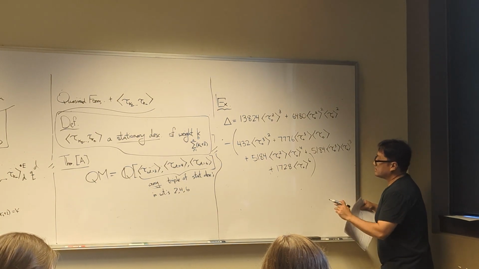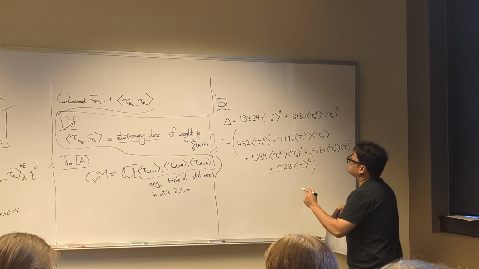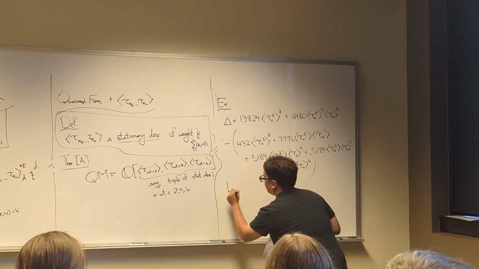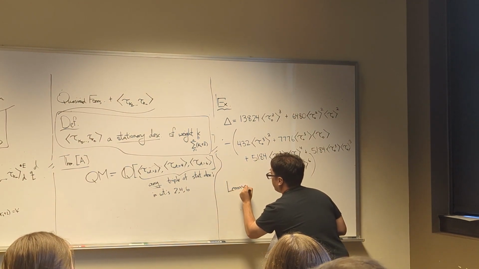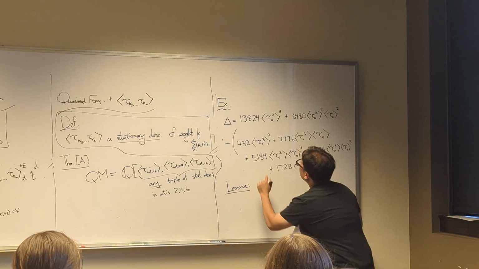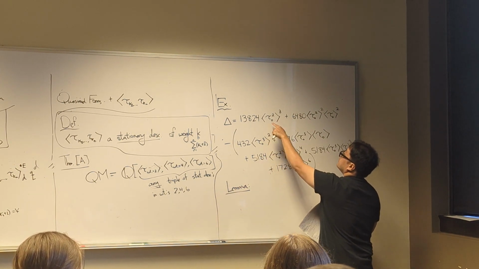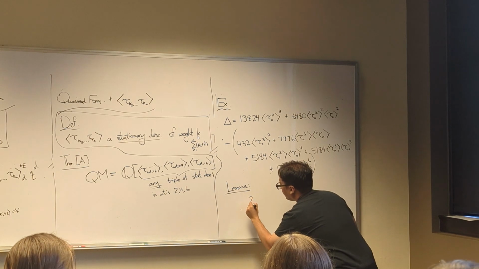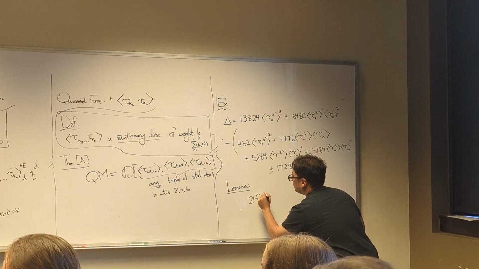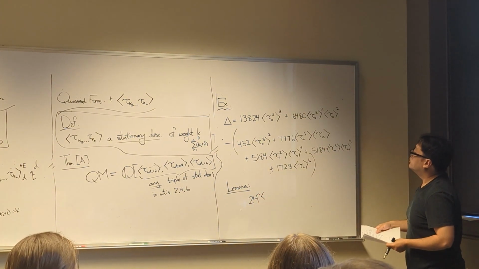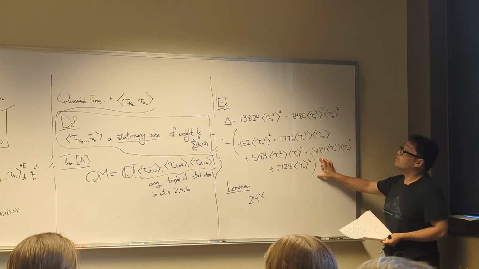Well, when you look at the stationary descendants that look like this, tau 0 to the n. Can I ask why you put parentheses there? Yeah, these are all the things.